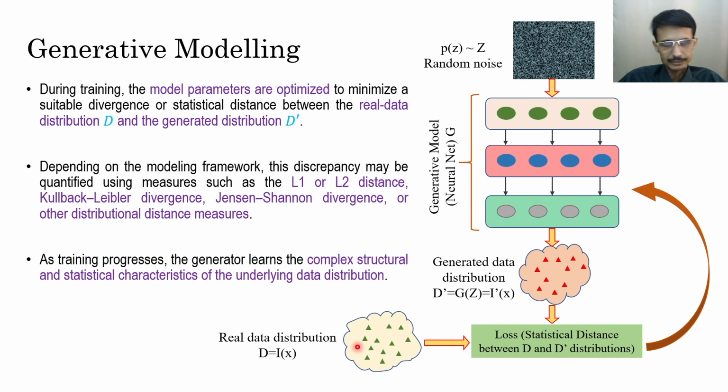Now there is one question. Is our objective to generate the same samples? No. That is very important. These samples are generated so that they follow the given distribution, or so that the two distributions D and D bar are very close.